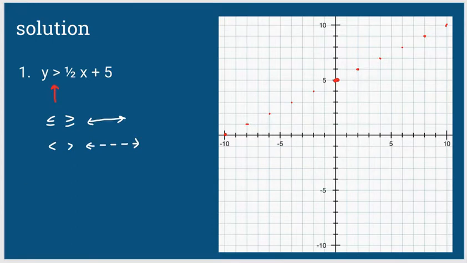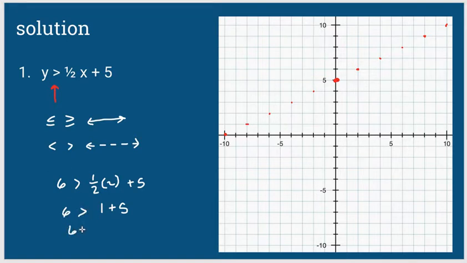And I could actually double check that with another point. Say that I chose another point over here at 2, 6. If I put in 6 for y, and I put in 2 for x, that means I'm going to take 1/2 times 2, which is 1, plus 5.